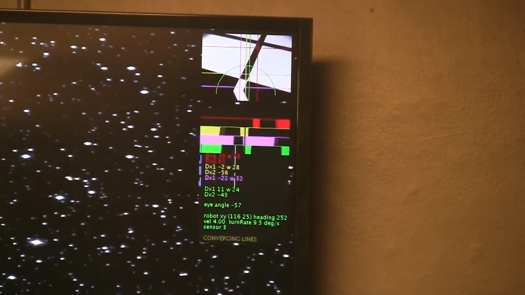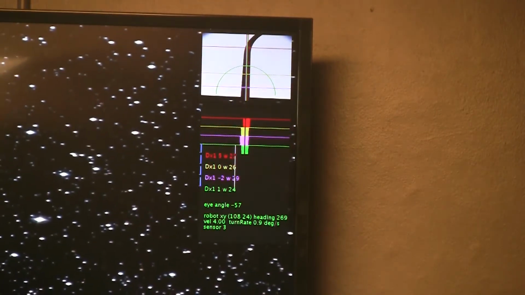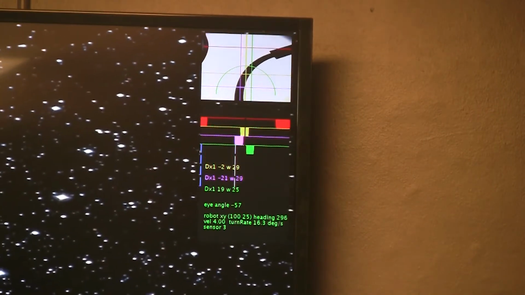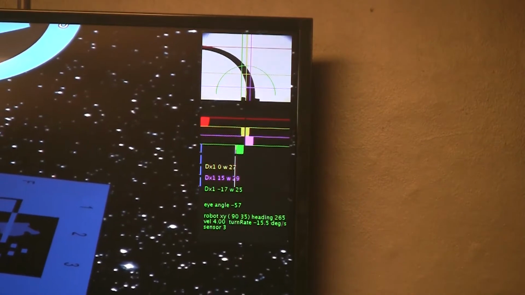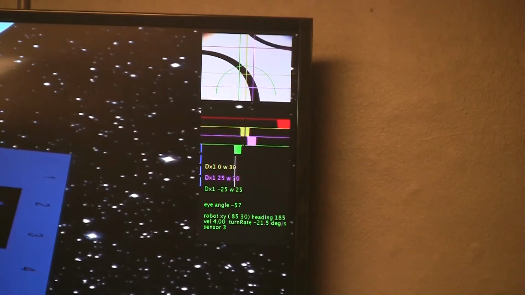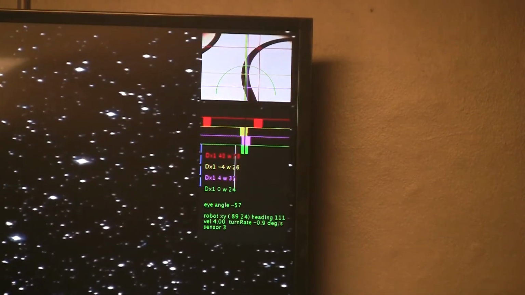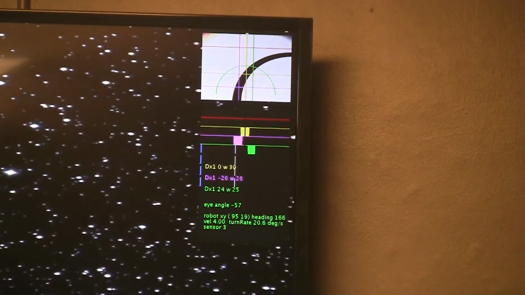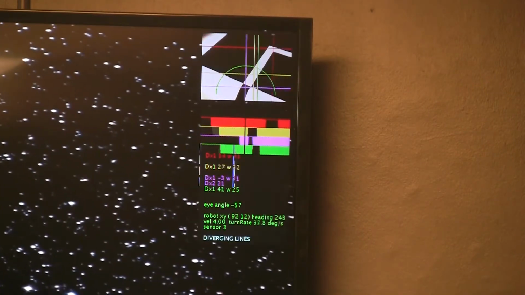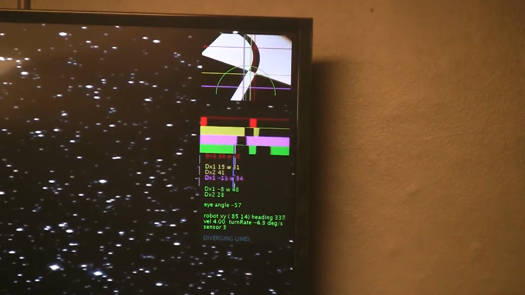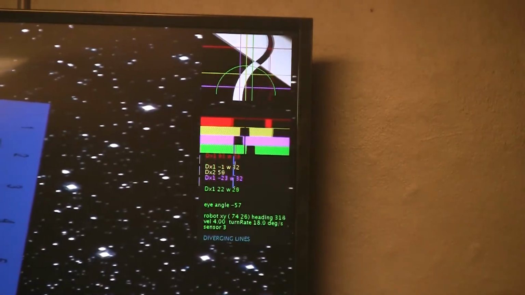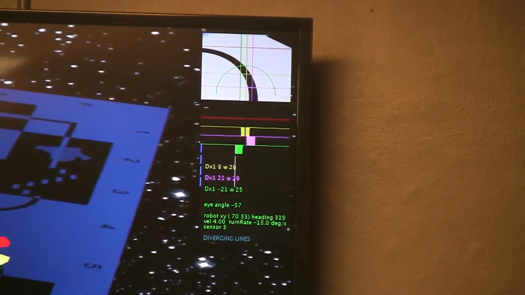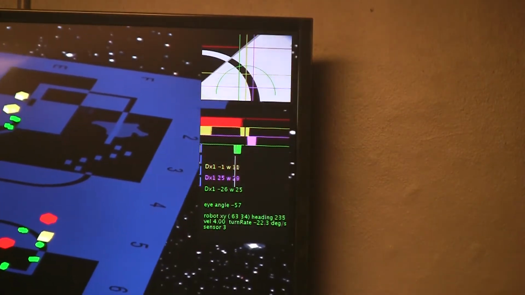I pass that information to the same processor that processes the horizontal lines. In this case, I think the resolution is 320 by 240 for the sample images that are being captured, so I generate roughly 320 samples in this circle, flatten it out, and send it to the processor that gives me the intersections.